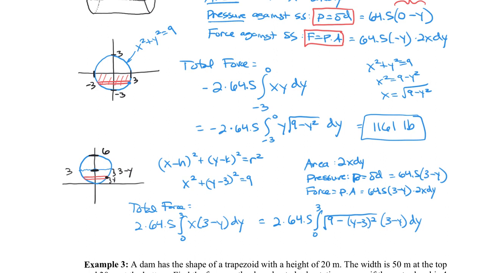Now to actually solve this one, we have to distribute this through here, and we end up with 2 integrals to solve. And it's going to be definitely more work. Now if you punch this in the calculator, you get exactly the same answer. The calculator makes the same little error, gives you 1161.000046. If you do it by hand, it will take some time, but you'll get the correct answer, which is this. So a couple different setups.